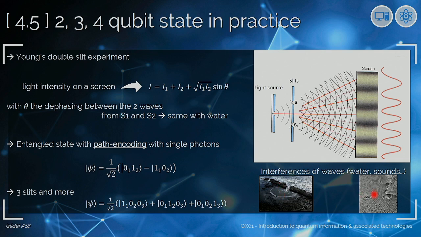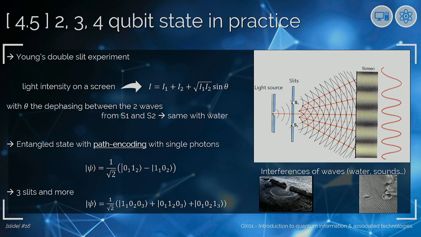And if you have the equivalent of two slits, you can hardly see, but you can see that there is some interference effect. In other words, we can do that very experiment with water, no problem, or with sound waves. It's the same thing. And what we would obtain is, as I said, some kind of sinusoidal behavior on the screen.